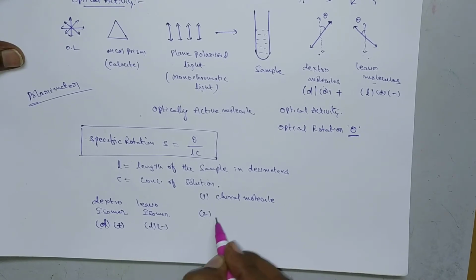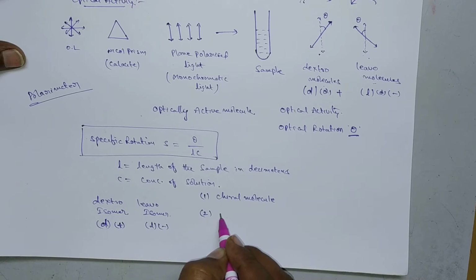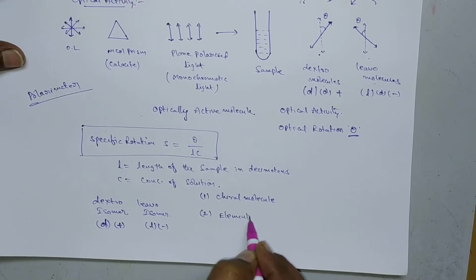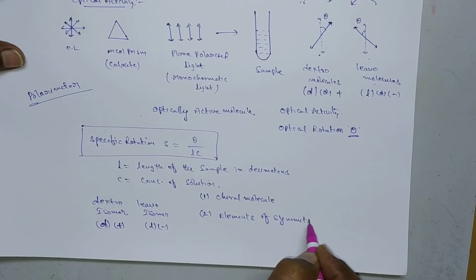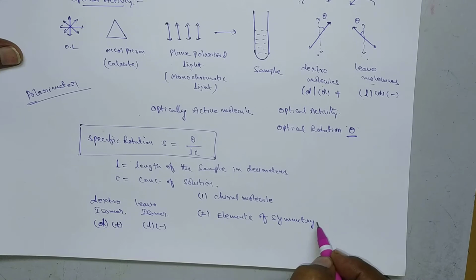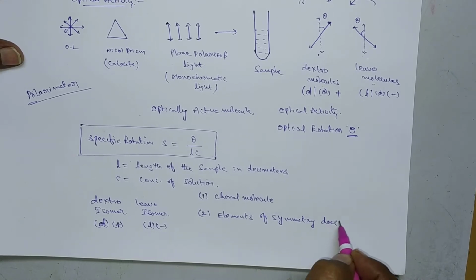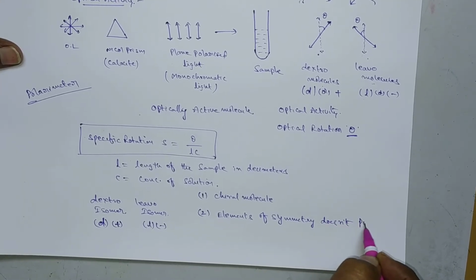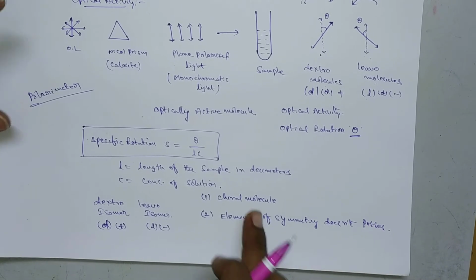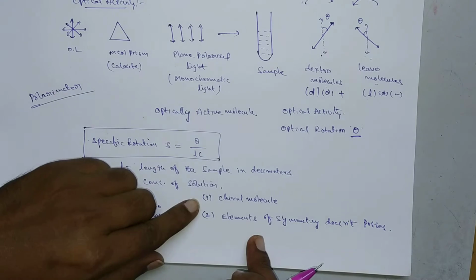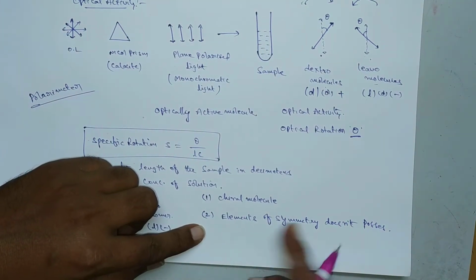The second is that the molecule should not possess any elements of symmetry. So if these two conditions are satisfied by any molecule, then that molecule will exhibit optical isomerism. So let us check these two.